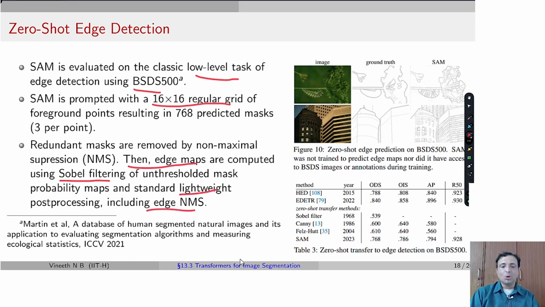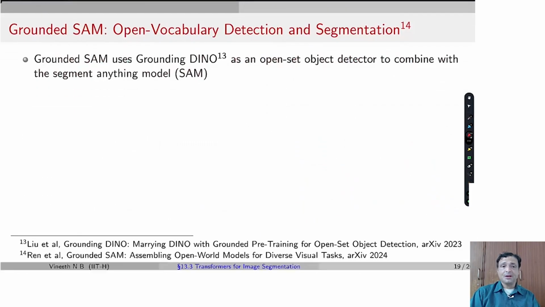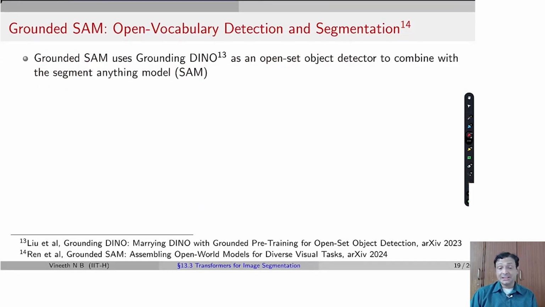More about this is also in the paper. As you can see, SAM had significant success in doing segmentation or also even tasks like zero-shot segmentation where the model was not even exposed to a particular label.